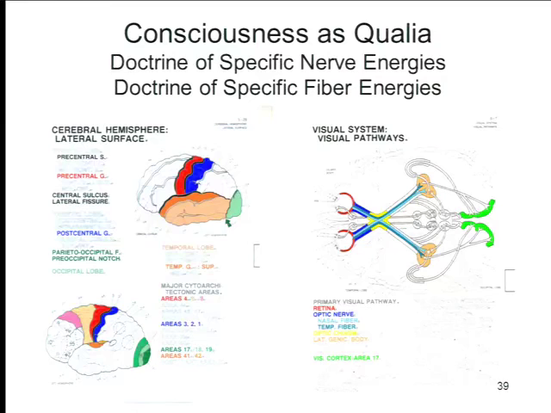So again, if we identify consciousness with particular qualitative states, the kinds of things that the philosophers talk about when they talk about qualia, we can begin to get a handle on what the neural correlates of those various qualitative states are. A couple more examples.